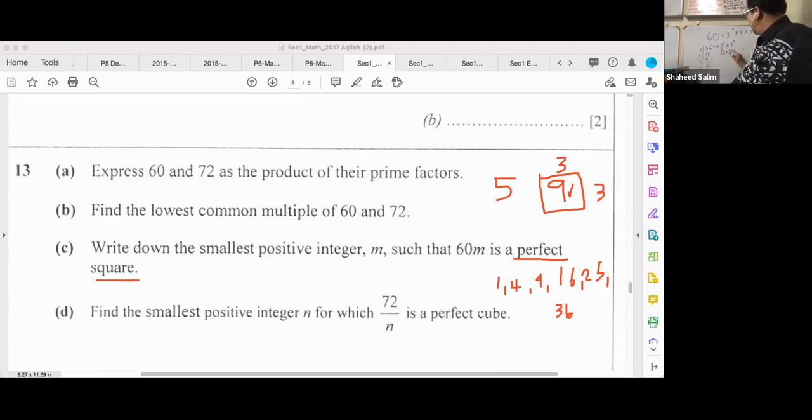I can put one 3 here and the other 3 here. 2 times 3 is 6, 6 times 6. So I can find the square root. Also, if you can divide your prime factorization into 2 same groups, that means it's a perfect square.